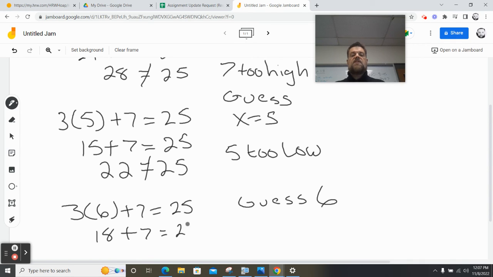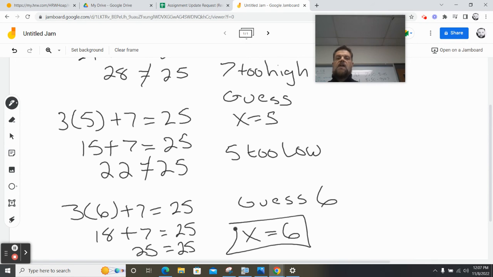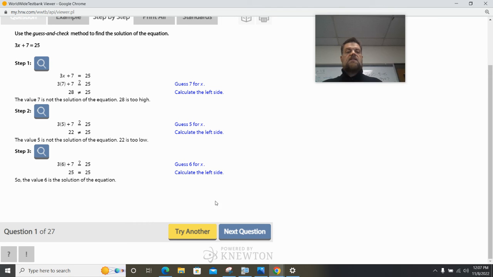What's 18 plus 7? Is that true? Yeah. So x equals 6, right? So then I go back and I look at this, and yeah, it says guess 6, calculate the left side. 6 is the value of the solution to the equation.